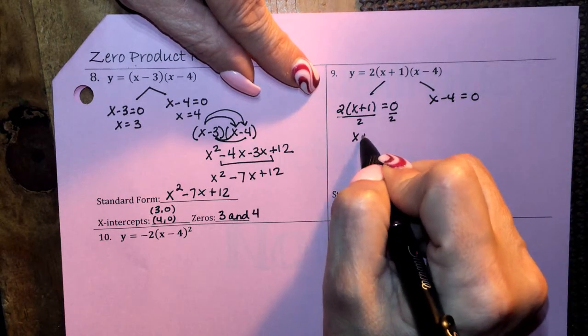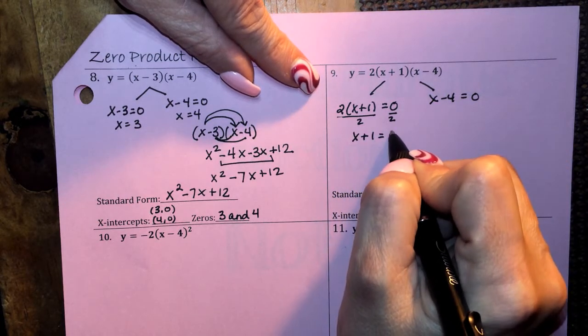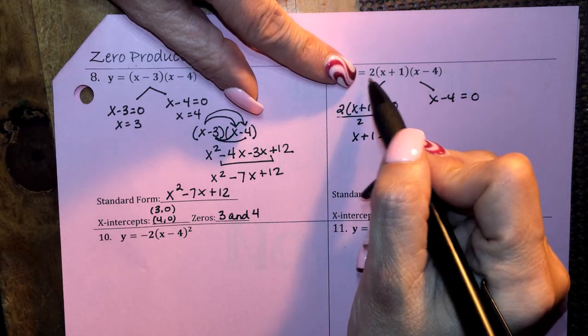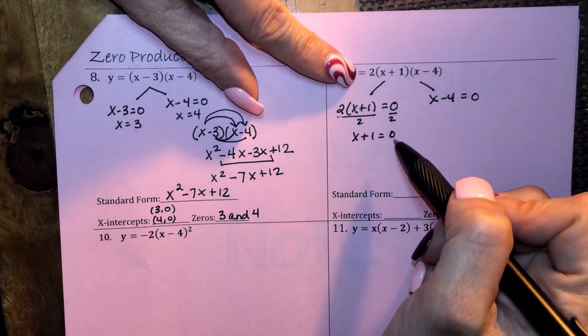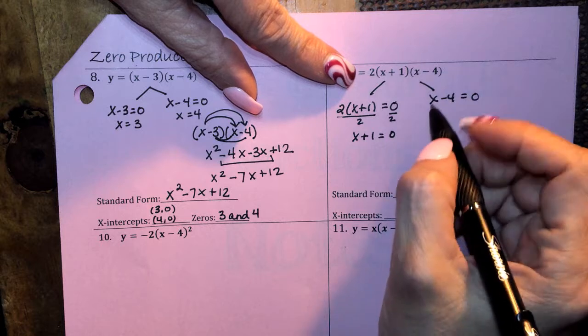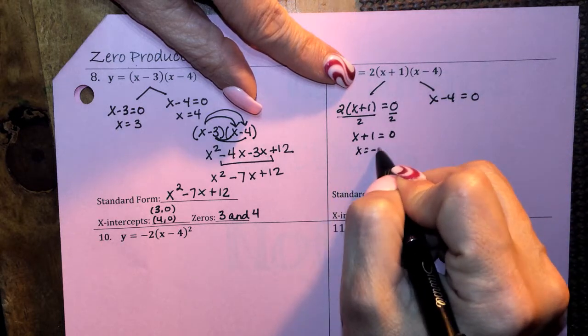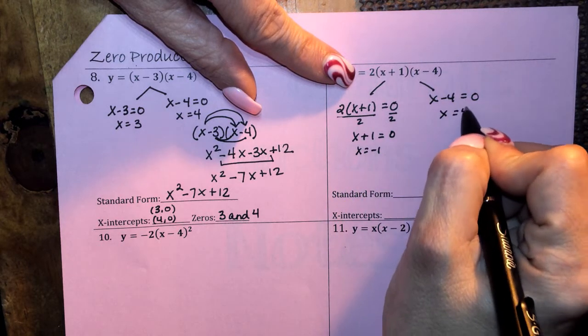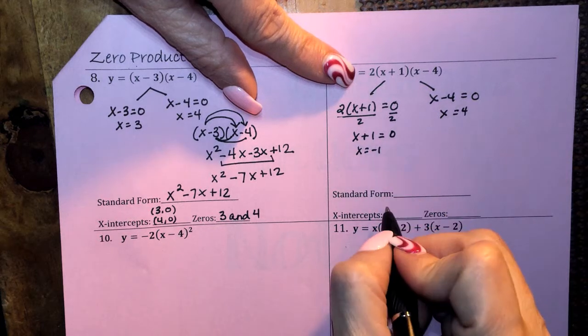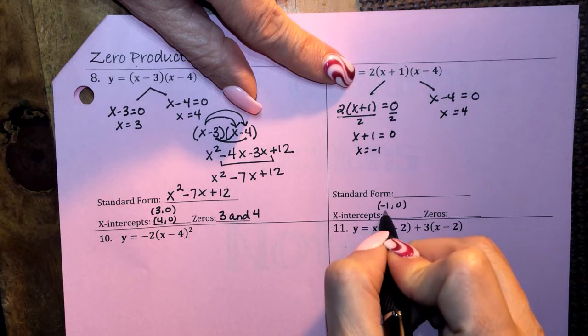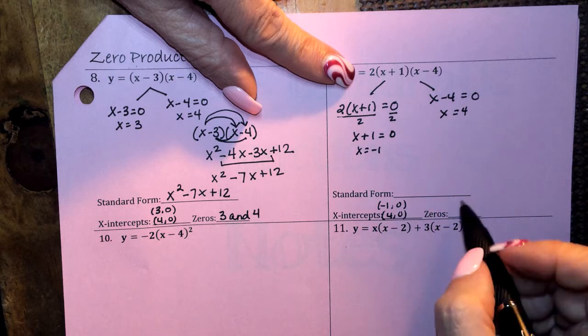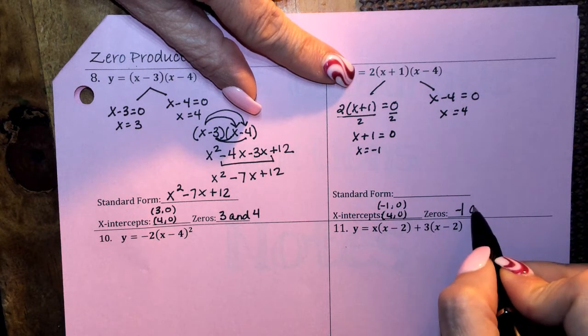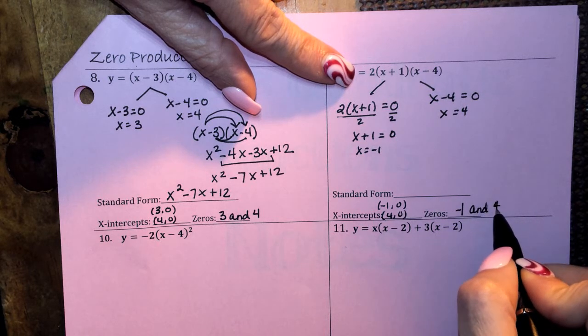So you're going to end up with x plus 1 equals 0. Anytime you have a number in the front, when you're trying to solve for the solution, you don't have to worry about it. So this will give me x equals negative 1, and this will give me x equals 4. My x-intercepts are at (negative 1, 0) and (4, 0). My zeros are the same thing, negative 1 and 4.